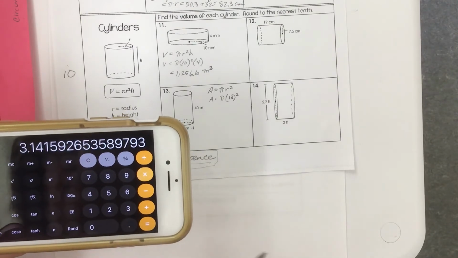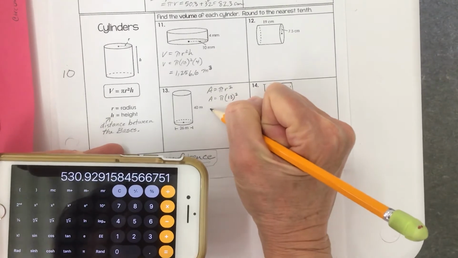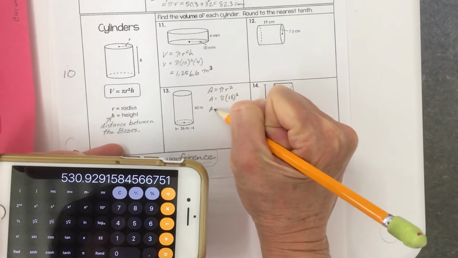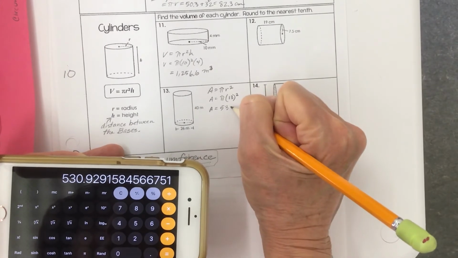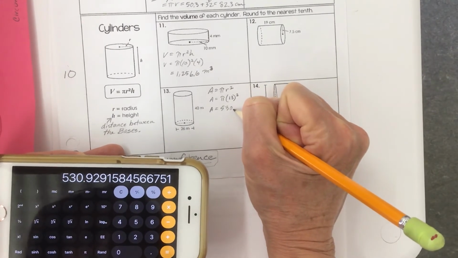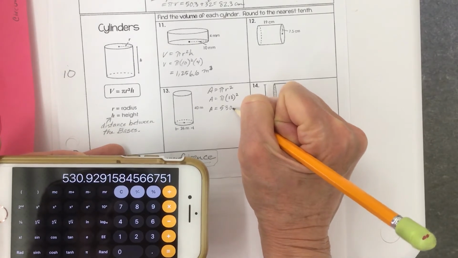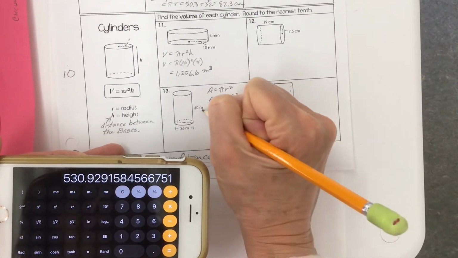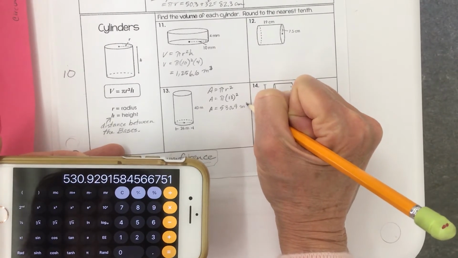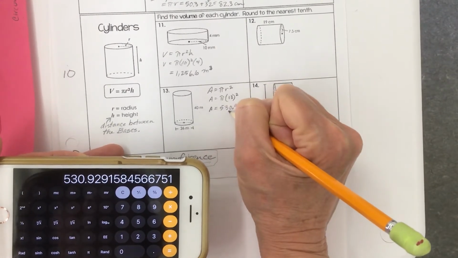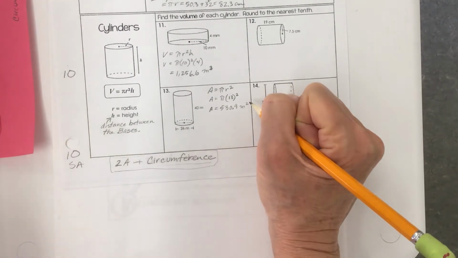Pi equals, so the area is going to equal 530, and we'll round this to the nearest tenth, so 530.9. We know that the units are meters, and since it's area, which is two-dimensional, it's going to be m squared.